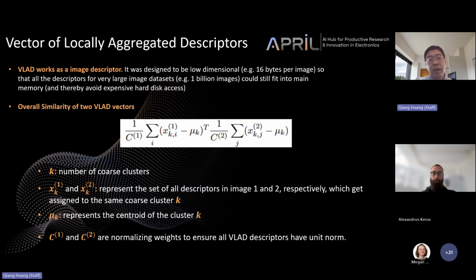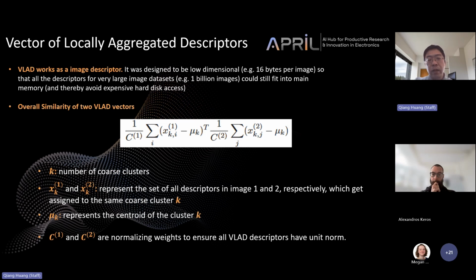Here x_k1 and x_k2 represent the sets of descriptors in image 1 and image 2. Actually, they represent the information we extract from the multiple layers of the deep neural network. The mu_k represents the centroid of the cluster.